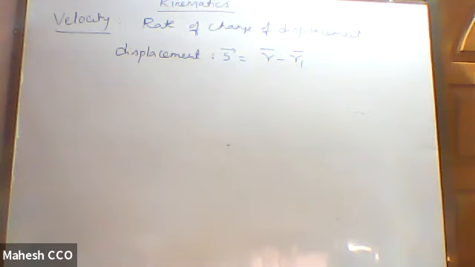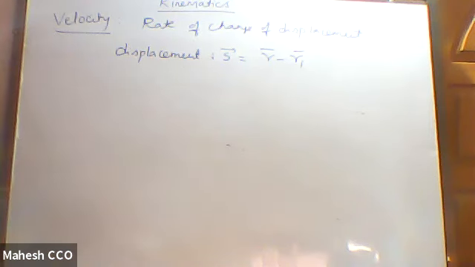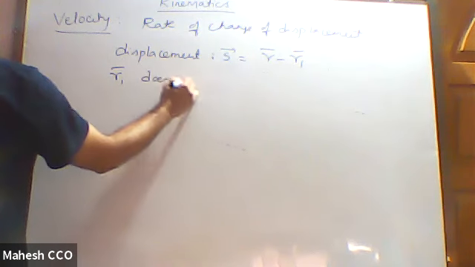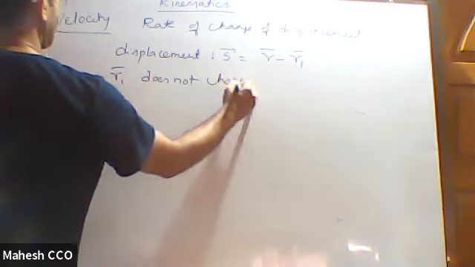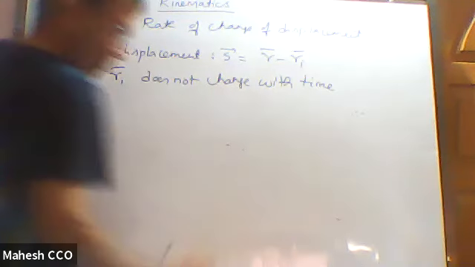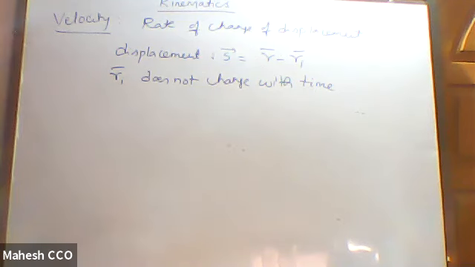But what is your initial position? You are at Guntur, that's all. That cannot be changed. So ri bar does not change with time. The initial position vector does not change with time. That shall be very carefully remembered.